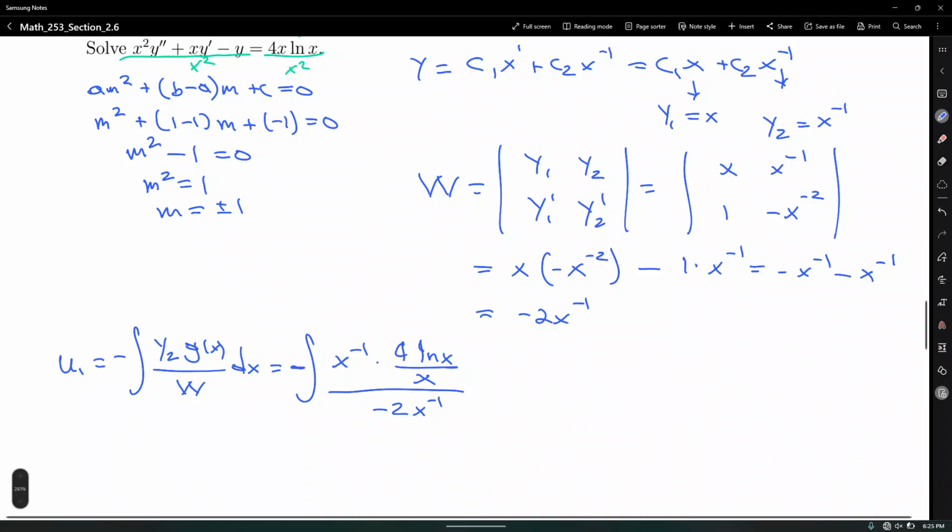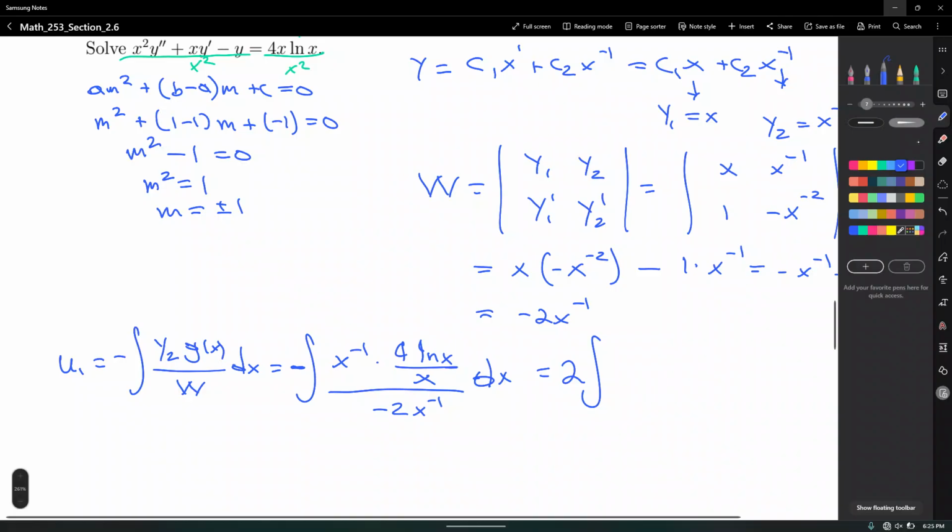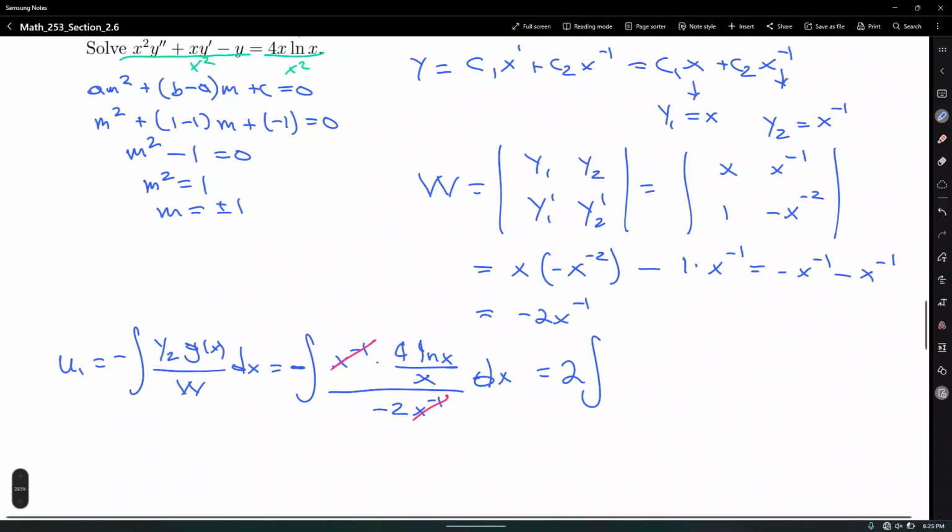Negative divided by negative is positive, and 4 divided by 2 equals 2. Don't forget the dx. So this is 2 outside of the integral. Also, let me cancel x to the negative 1 with x to the negative 1, and this will be ln of x divided by x dx.